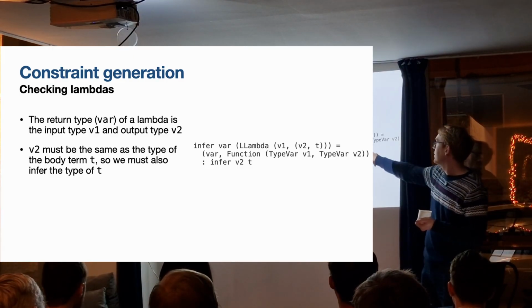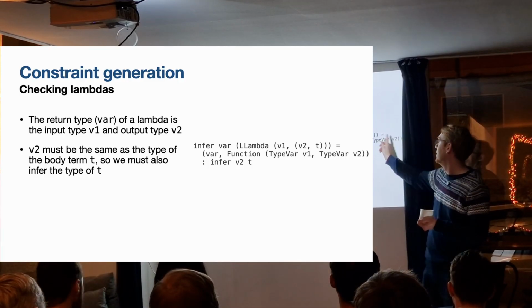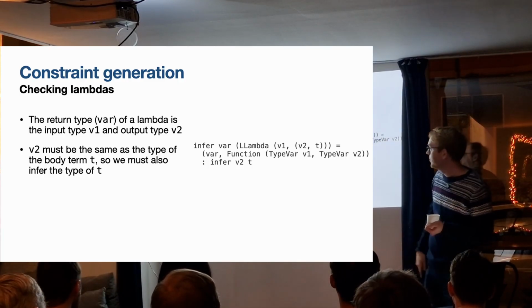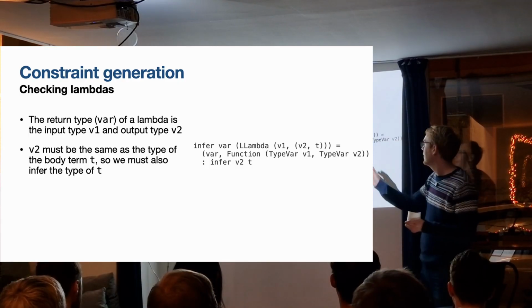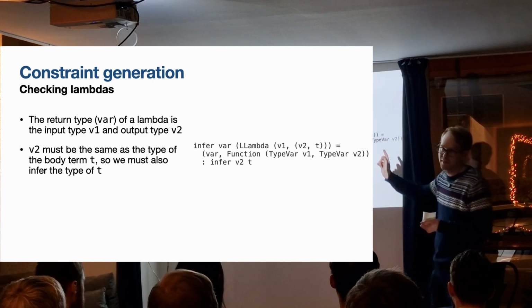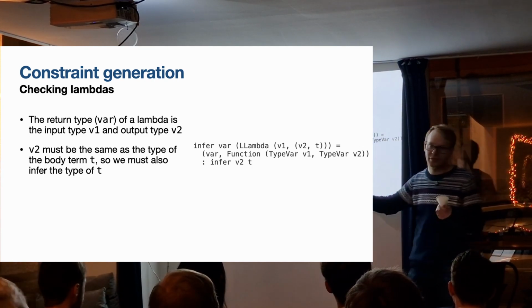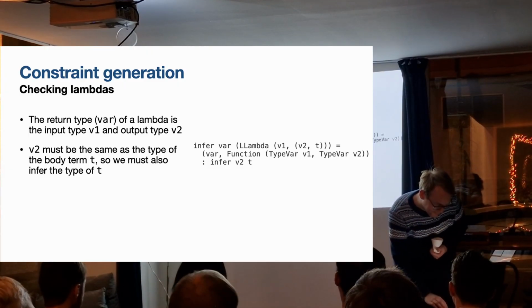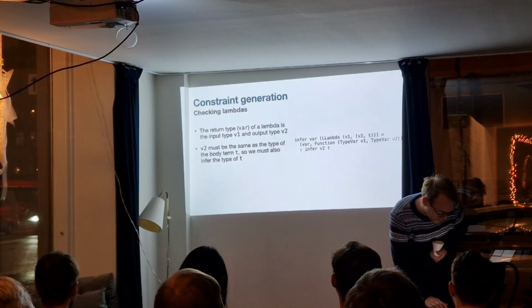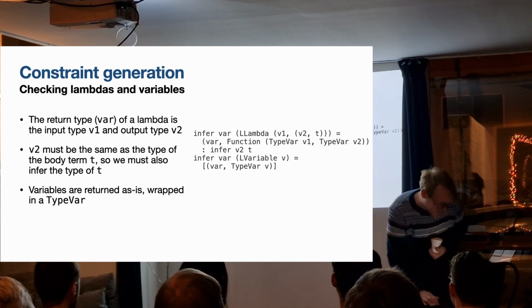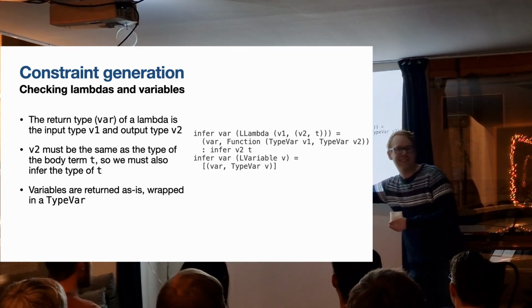And then the output type of the function should be the type of the body term. And notice that functions are a bit special because they contain types themselves. So we need to treat them a bit special when we solve the constraints later.